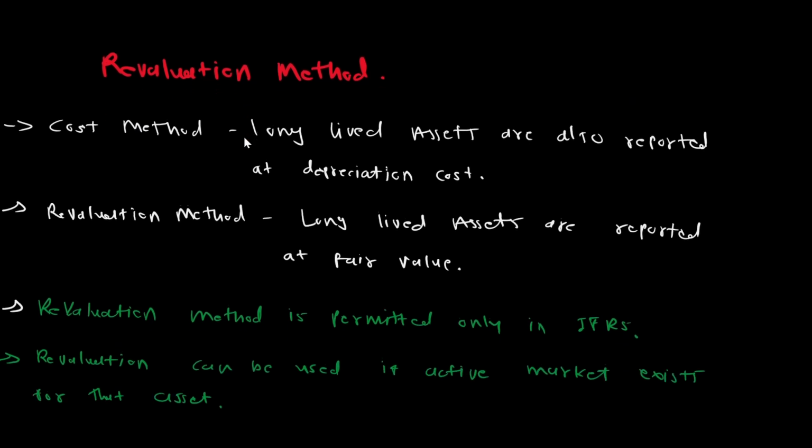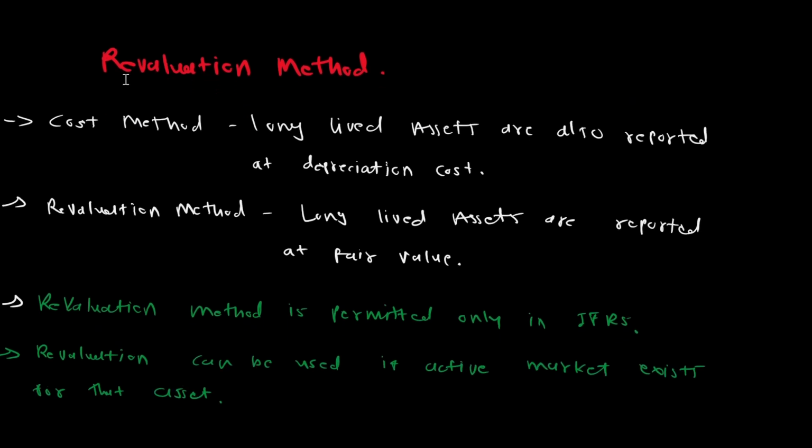Then let's discuss the revaluation method. There are two types of methods for showing the value of the asset in the balance sheet: the cost method and the revaluation method.